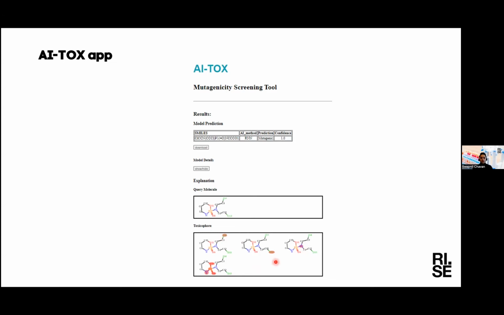And as all of you know, the nitrogen mustard is an important alkylating group, and that could cause mutagenicity. So this was a very good example of how the model not only does the prediction, but also provides the uncertainty and the explanation why it predicted something as mutagenic.